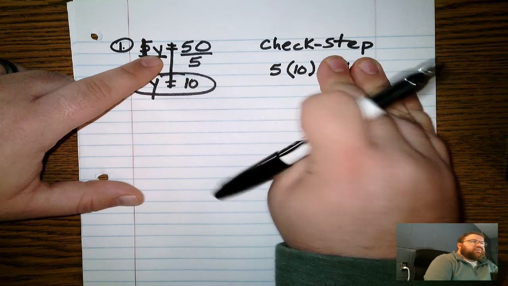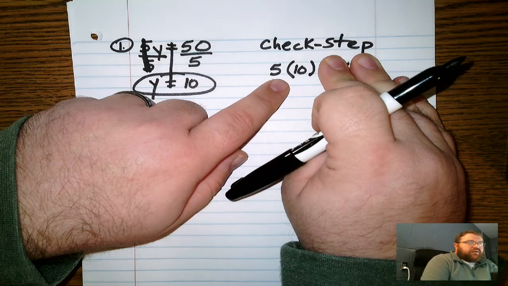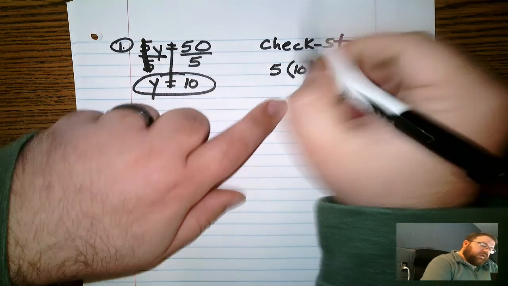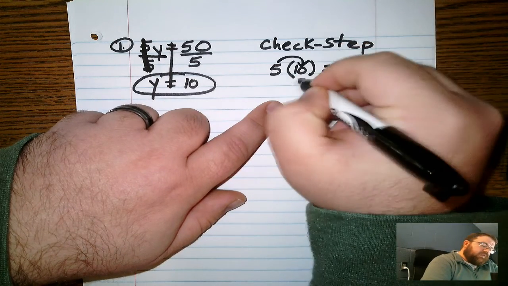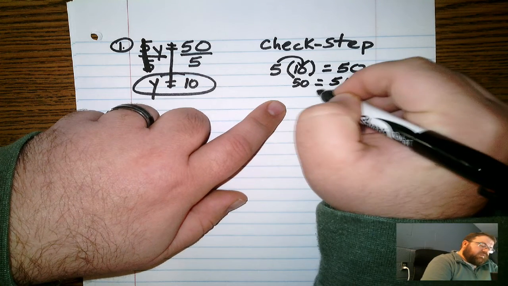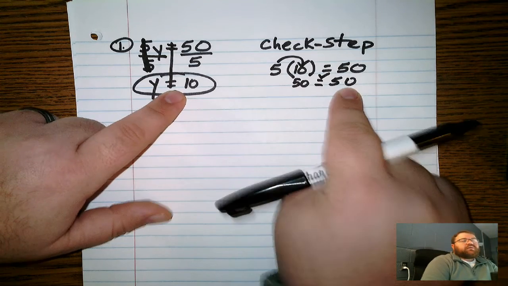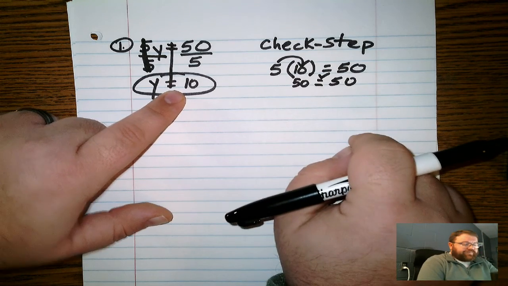I'm going to cover up this side and simplify this side. So remember the distributive property, 5 times 10 is 50. 50 is equal to 50, and this is a true statement, so I know that I've got the correct answer for the value of y.